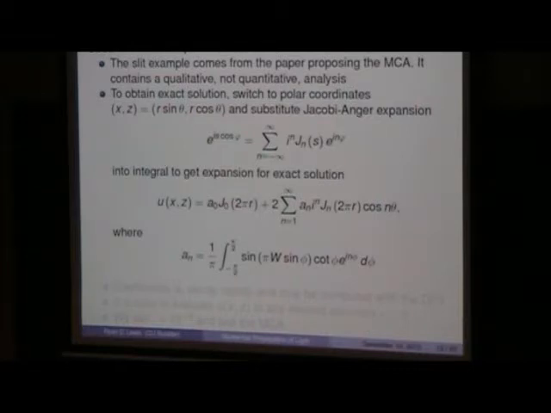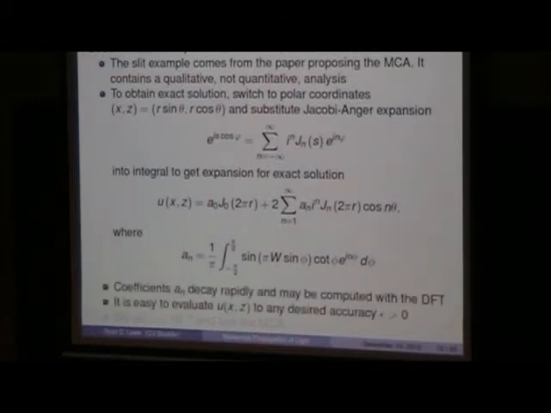That gives you a series expansion for the exact solution. These coefficients A are defined by this integral, and what's nice is they decay very rapidly. The particular form of the integral allows you to use the DFT to efficiently and accurately calculate those coefficients. So we can evaluate the true solution to any desired accuracy.